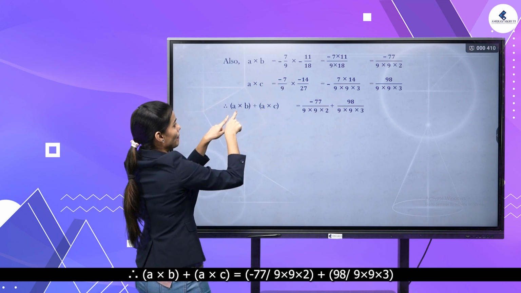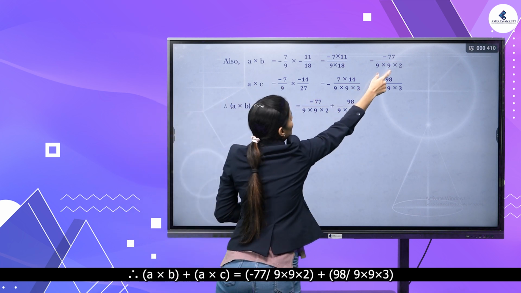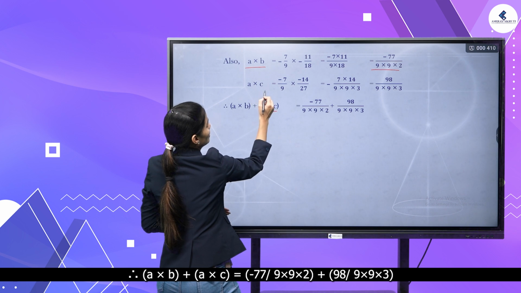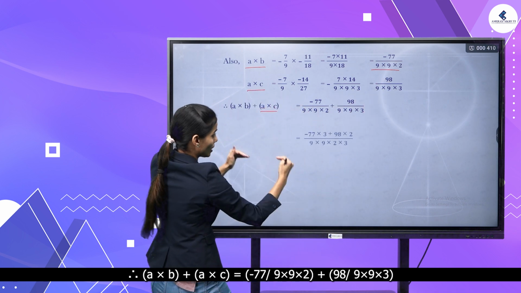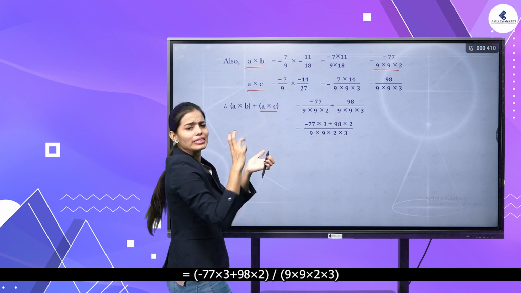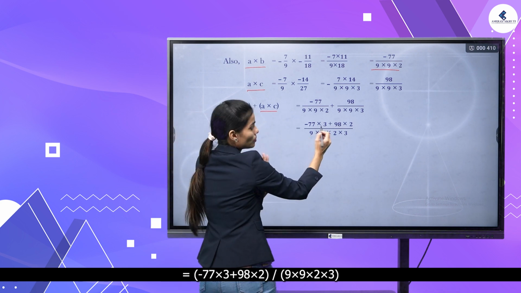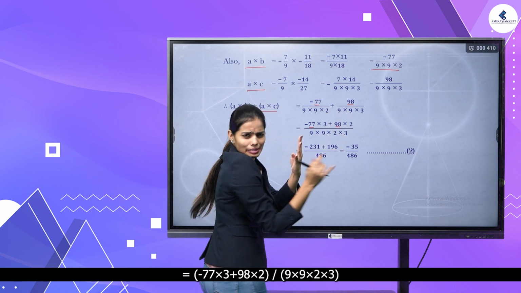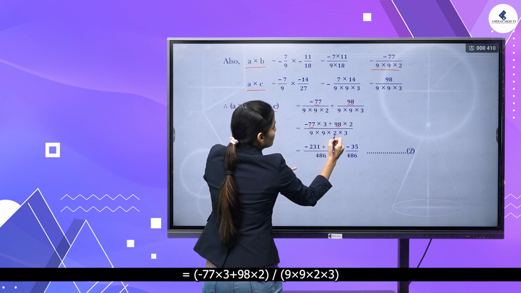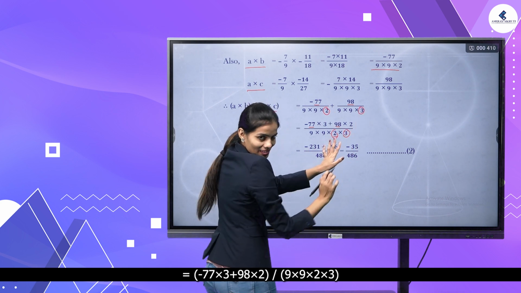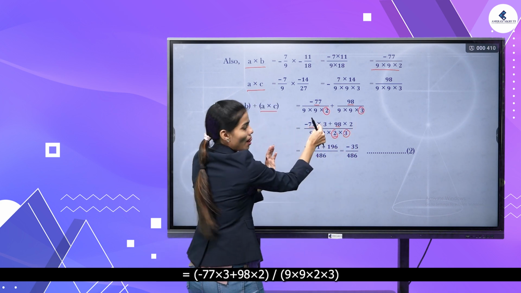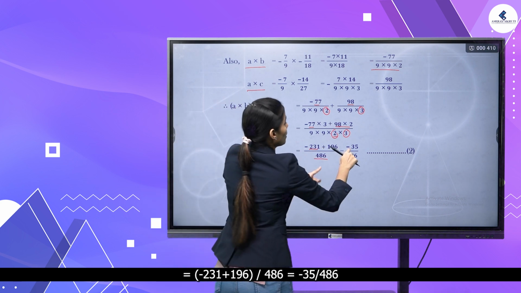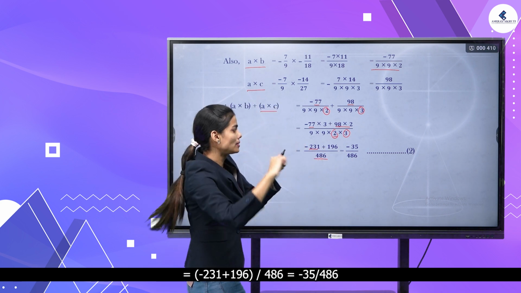Therefore, a into b plus a into c is equal to minus 77 by 9 into 9 into 2 plus 98 by 9 into 9 into 3 is equal to minus 77 into 3 plus 98 into 2 by 9 into 9 into 2 into 3, which is equal to minus 231 plus 196 by 486 is equal to minus 35 by 486.